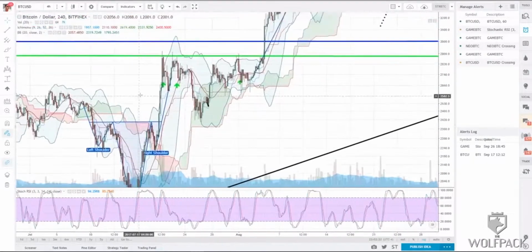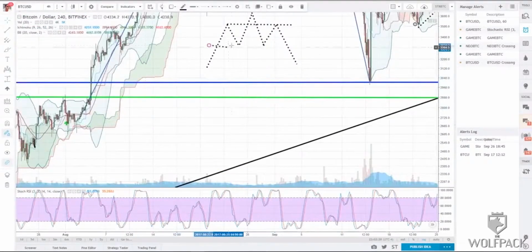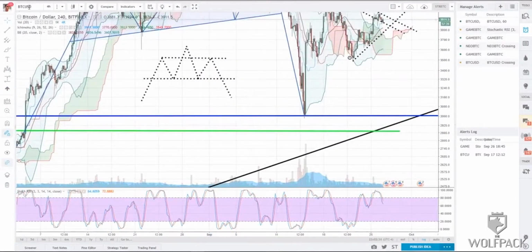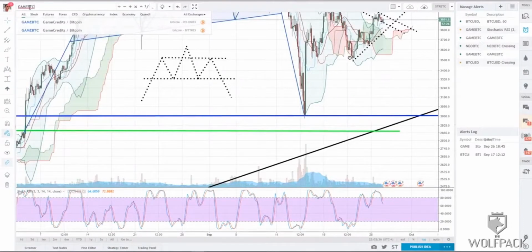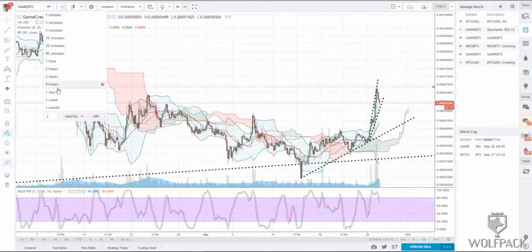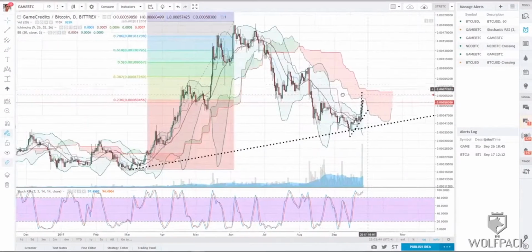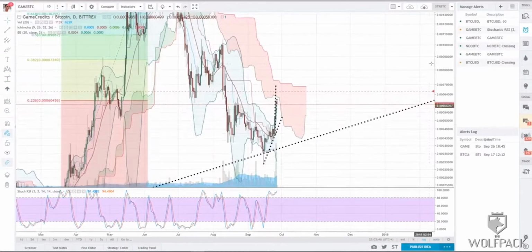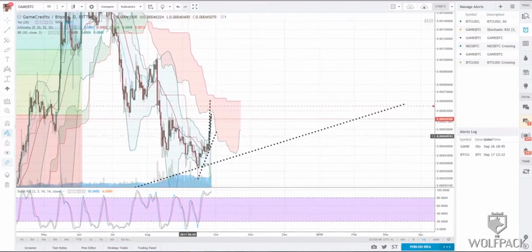Let's talk about rising wedge and falling wedge. I think the perfect one for that is game. I actually drew this out a little while ago, but I deleted it for this thing to make it look pretty.